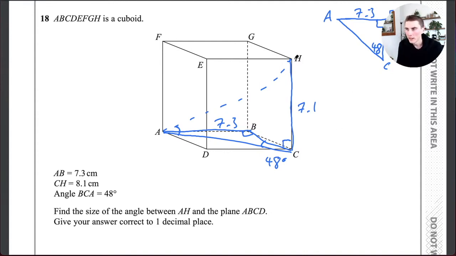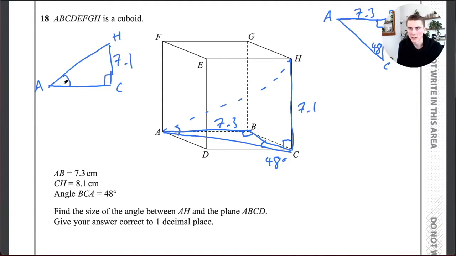And then we can also do another one for A, C, H. So if you can imagine this here, we've got A, H, and C. So from A to C to H. This is the other important triangle. Again, this one here is a right angle this time. This one here is 7.1.